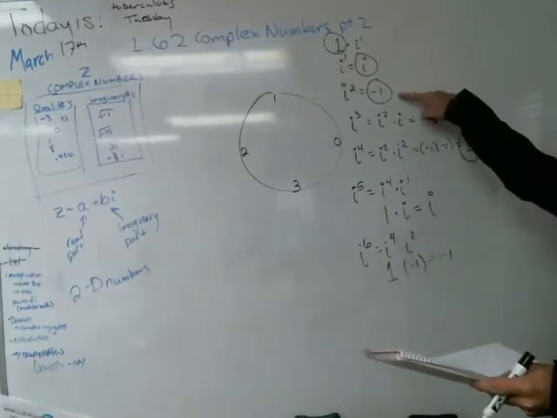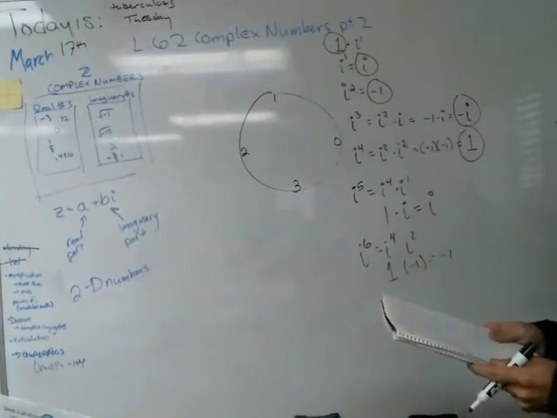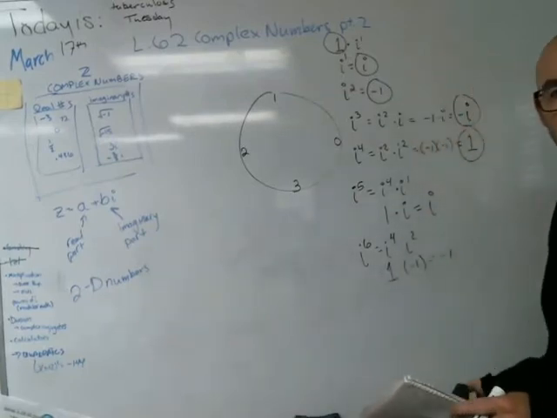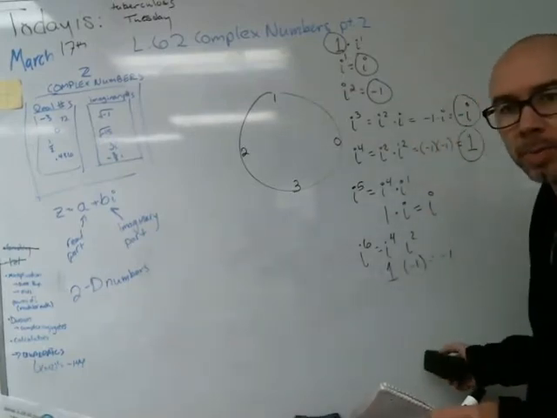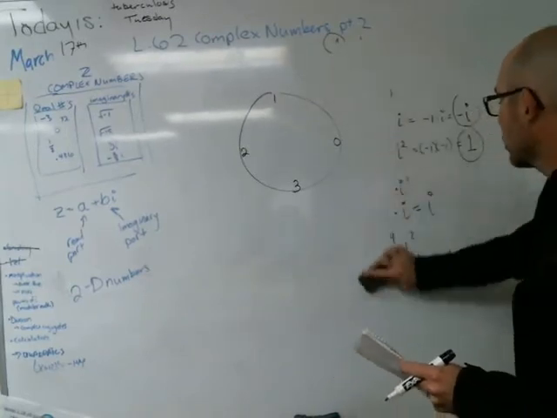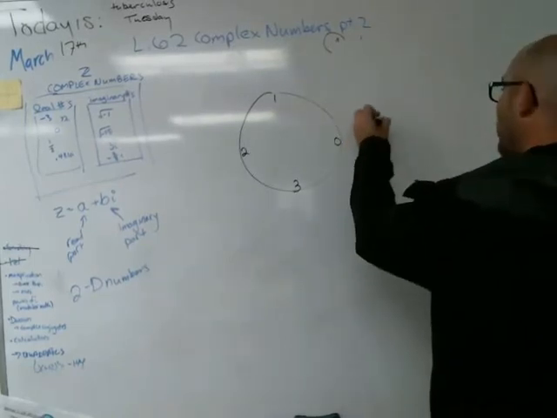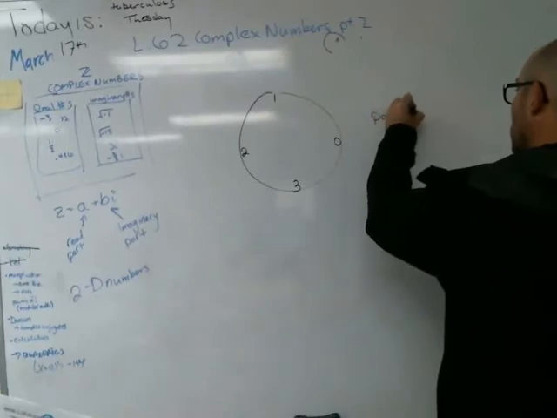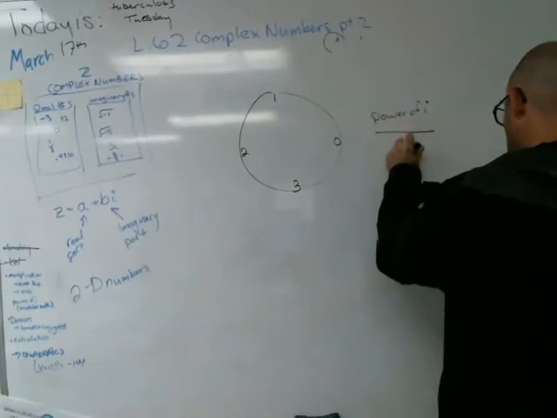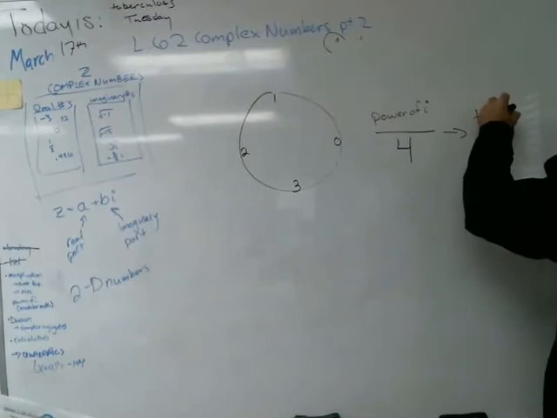And so maybe you can see what I'm doing here. The basic rule for this repeating pattern, if I wanted to keep going, and you can go backwards and repeat this stuff, but basically there's our pattern, is that we're going to take that power of i and divide it by 4, and then take the remainder.